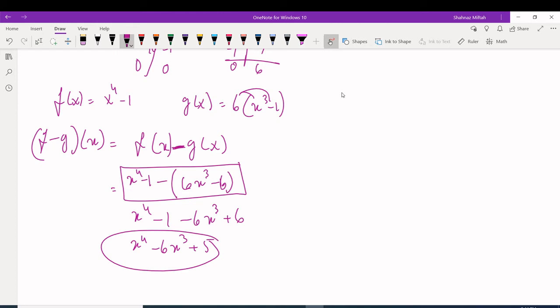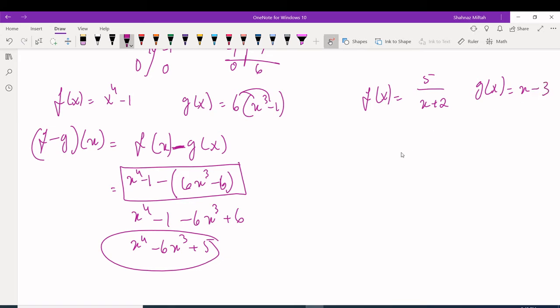Okay. For example, I have f of x function, which is 5 over x plus 2. And I have a g of x function, which is x minus 3.